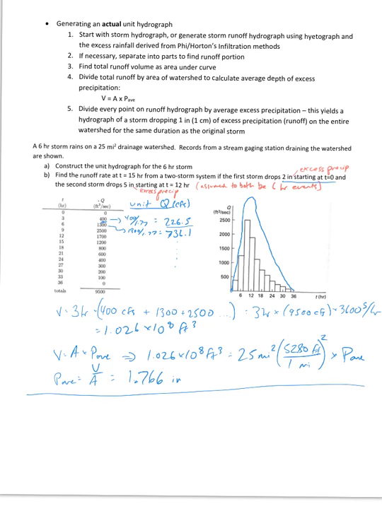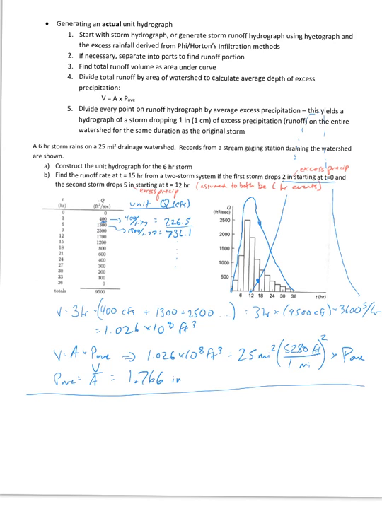Then we have another hydrograph that starts at t equals 12, right here, and goes up, but it's 5 inches, so it goes way up here and then comes down. We're asked what's the runoff rate at t equals 15 hours if we have these two storms together. So we have to add the results from these two at 15 hours. That's what we're trying to get.